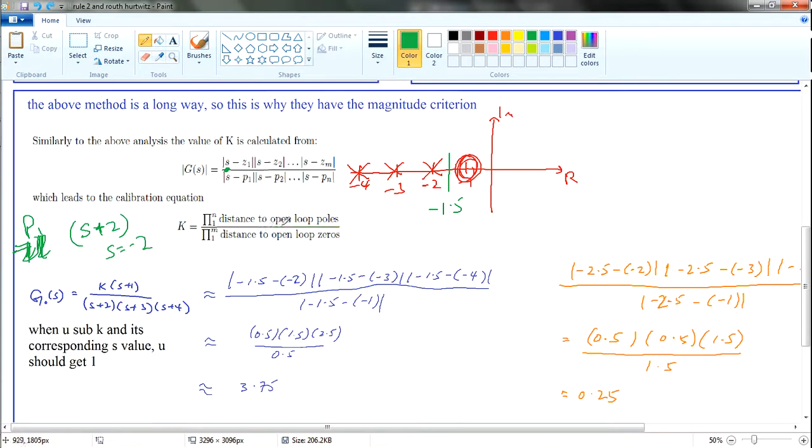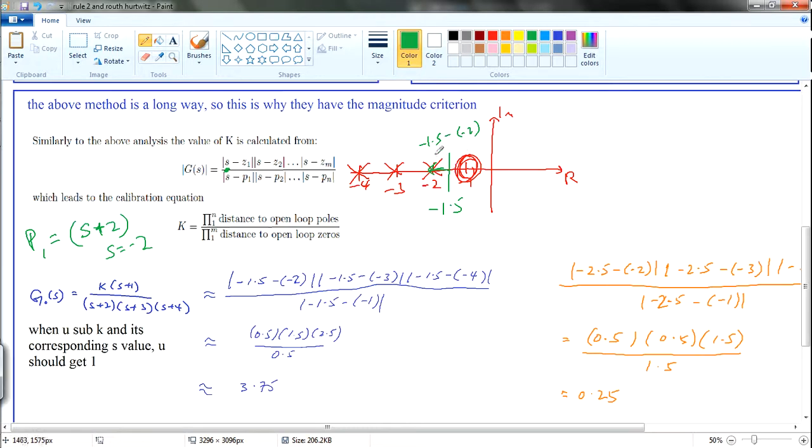Okay. So therefore, the first pole that we are going to reach is s equals minus 2, right? In order to make this 0, s has to be equal to minus 2. So therefore minus 1.5 minus minus 2. So this is the distance. This is minus 1.5 minus 2 in a certain sense.